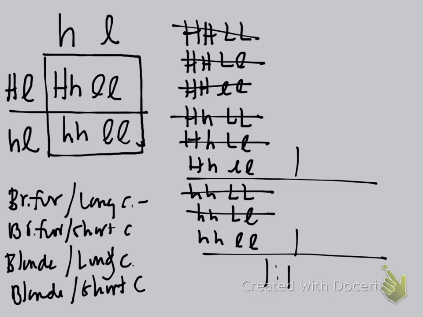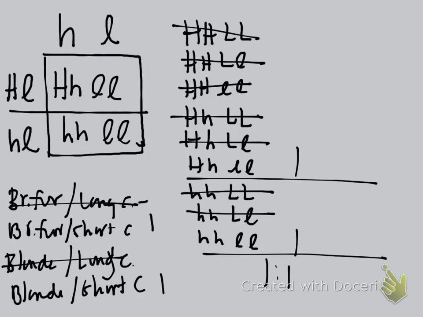So, how many brown fur long claws do we have? 0. We don't have anybody with long claws. How many brown fur short claws do we have? 1. Blonde fur short claws? 1. So our phenotype ratio and genotype ratio are the same.